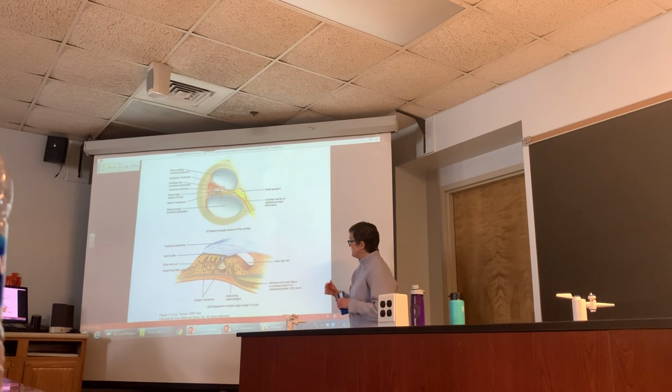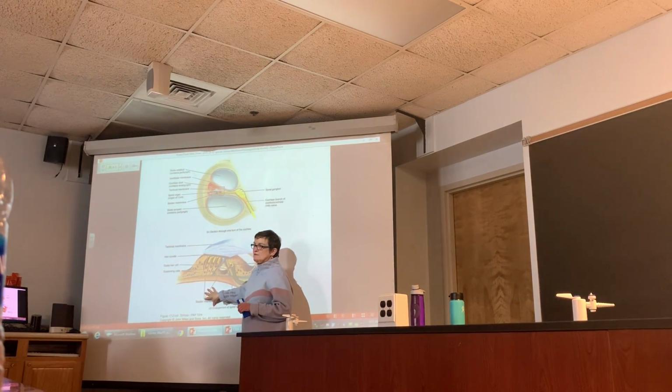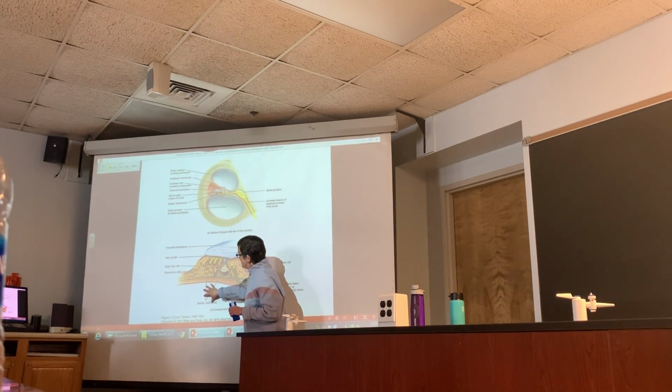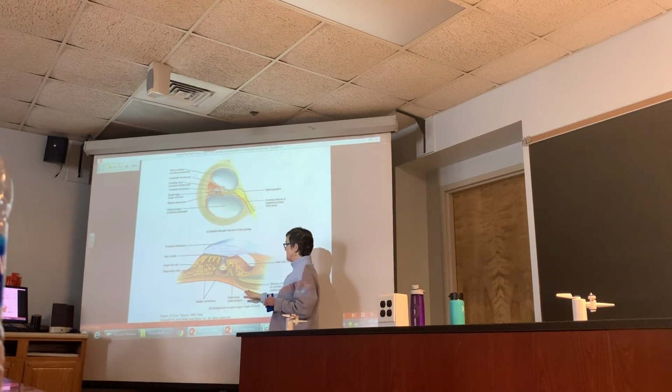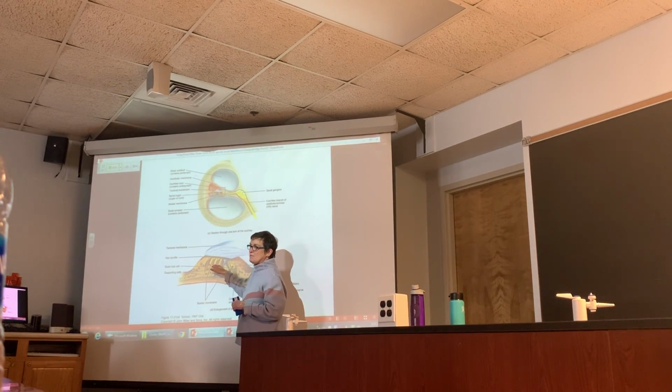So when you have pressure waves in the fluid inside those channels, that vibration in turn vibrates the basilar membrane, which in turn vibrates these guys and makes them move, vibrate back and forth.